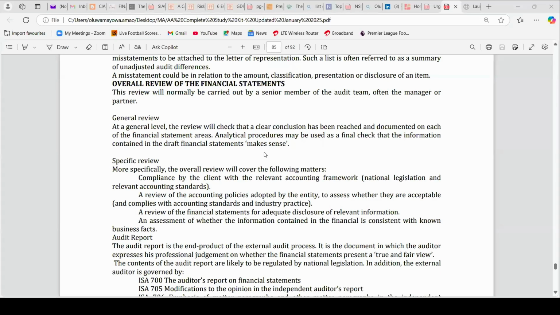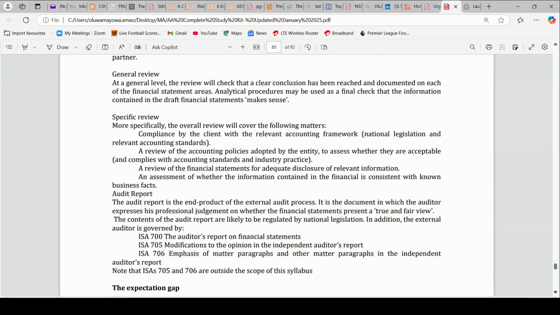ISA 700 is the auditor's report on financial statements. Please write this in your pack or in your note: ISA 701, key audit matters in the independent audit report, is not in the pack. So in case you'll be saying they didn't tell us so.